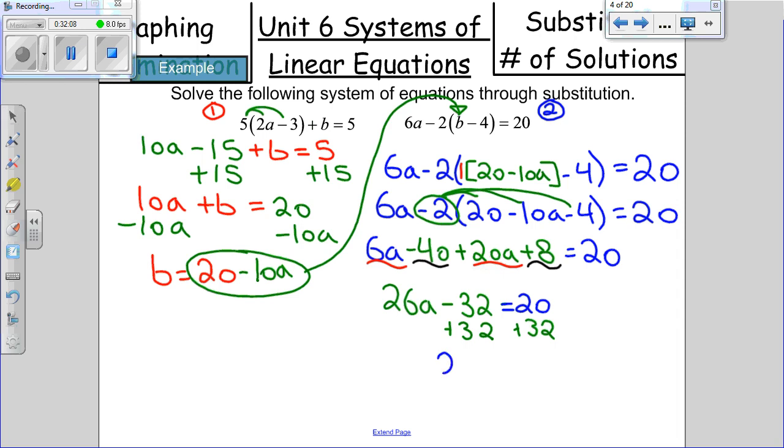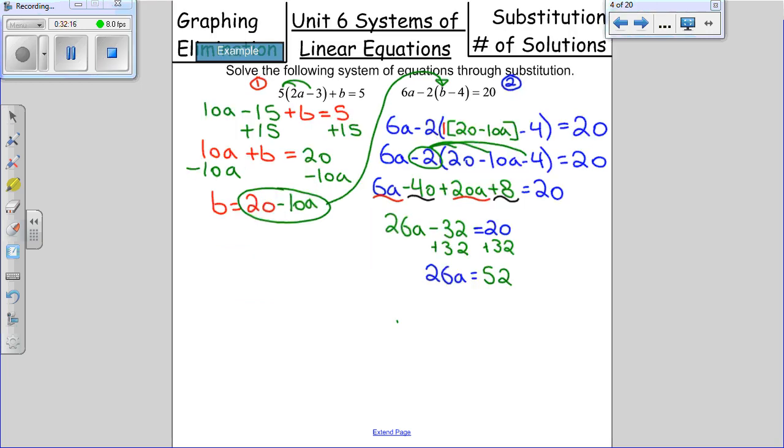My last thing I'll need to get rid of is the 26. To get rid of 26, you divide by 26. That gives you a equals 2. All that math and a equals 2.